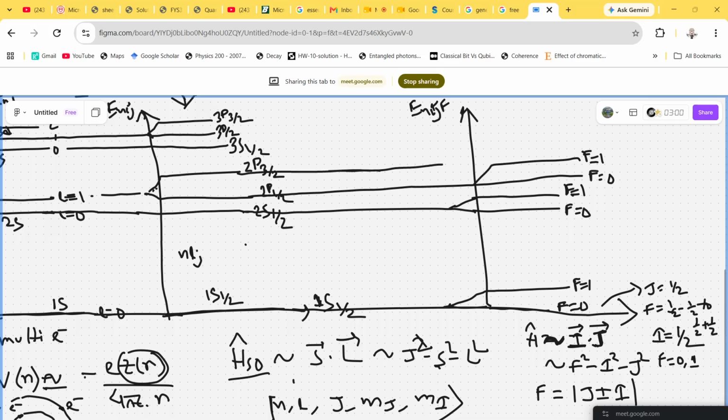But the 2p 3 by 2 level, how many parts will it break into? J equals 3 by 2 and I equals half.